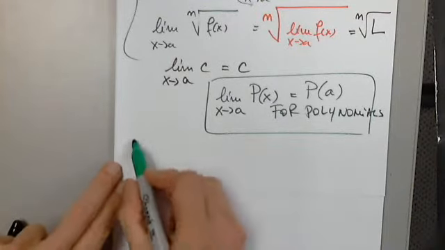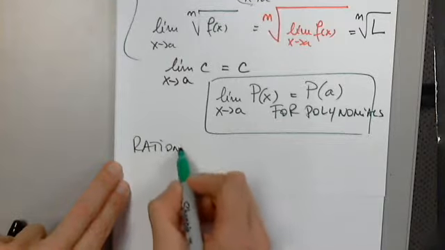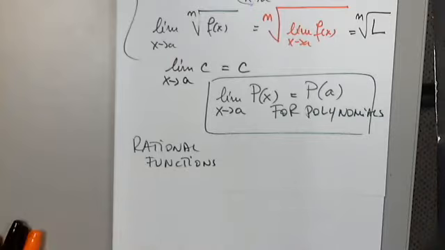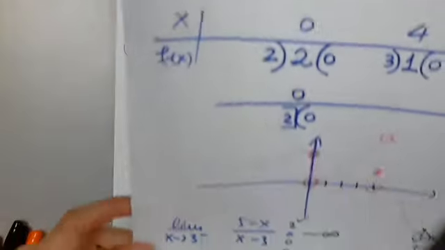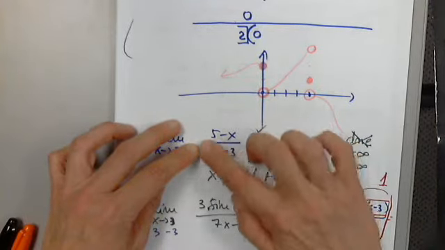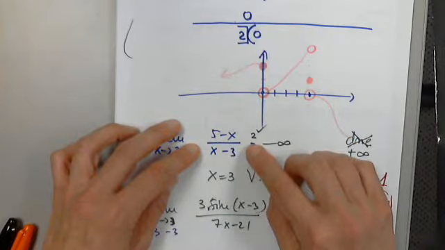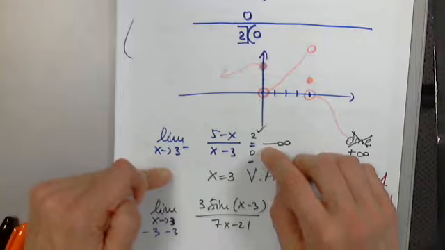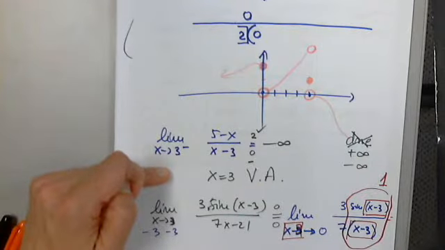Now let's talk a little bit about rational functions. And you can say again, and I will say yes. What type of function is this? Of course. What did we do? We plugged it in because I didn't know what type of limit it was.